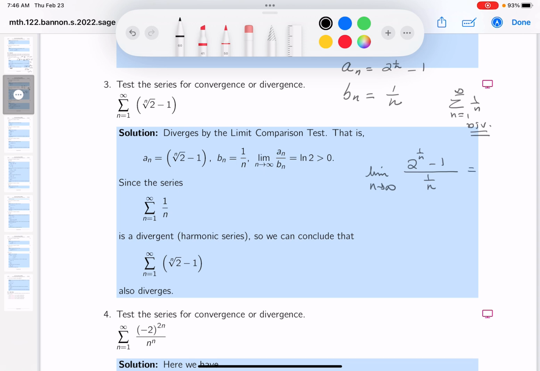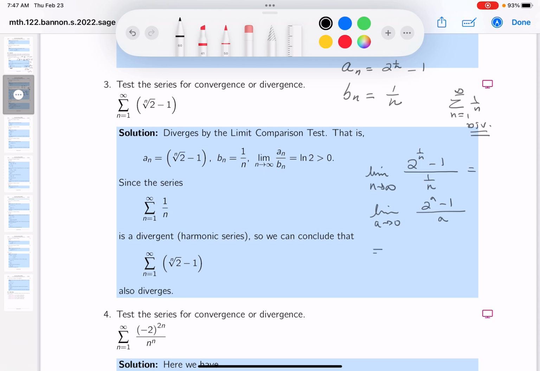Let me write this a little bit differently. I'm going to use a different letter: the limit as a goes to 0 of 2 to the a minus 1, over a. I still need L'Hopital's rule, so I have to do the derivative.